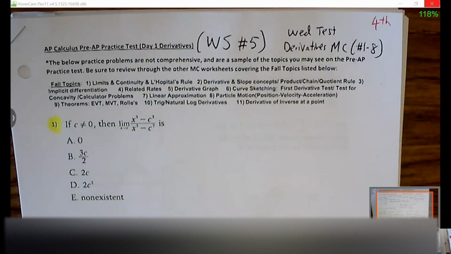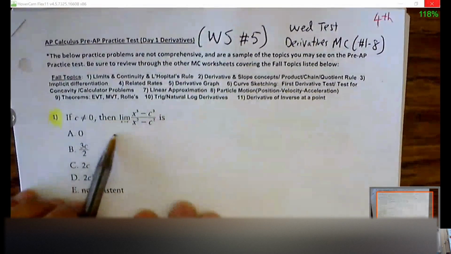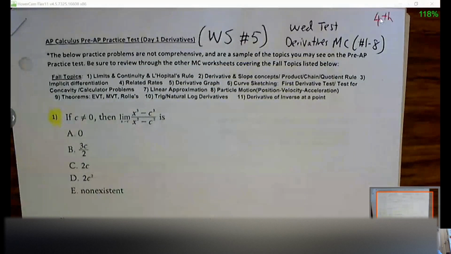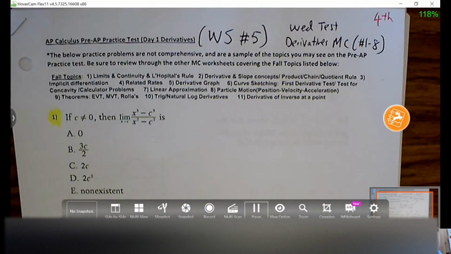Okay, let's see. All right, so number 1, limit as x approaches c. C is a constant, but we also know that c doesn't equal 0. Let me zoom in a little bit more here.